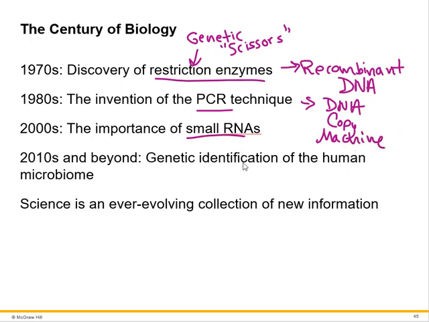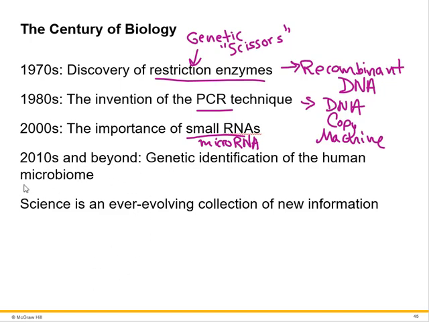We learned in the 2000s about the importance of small RNAs like microRNAs, and silencing or small interfering RNAs, and how they can shut off certain genes and stop genes from being expressed.